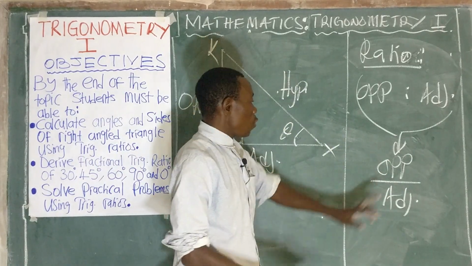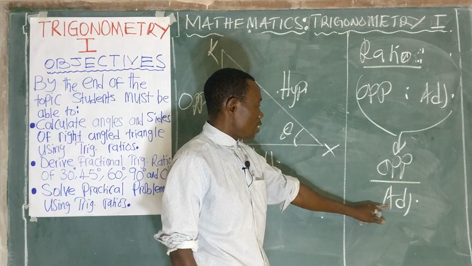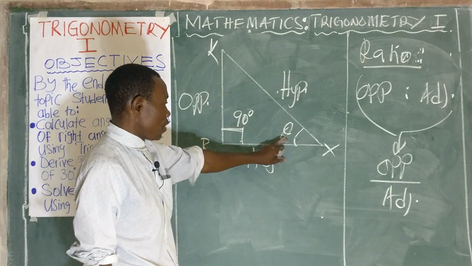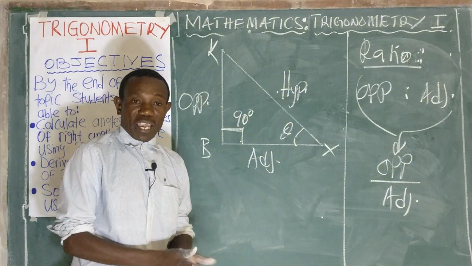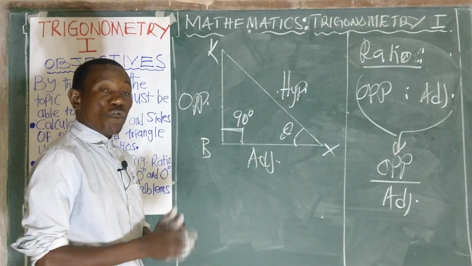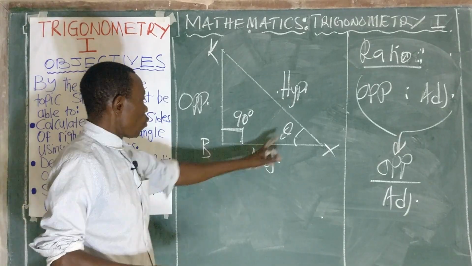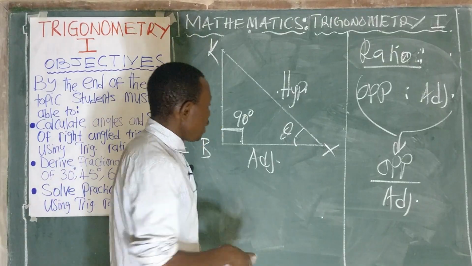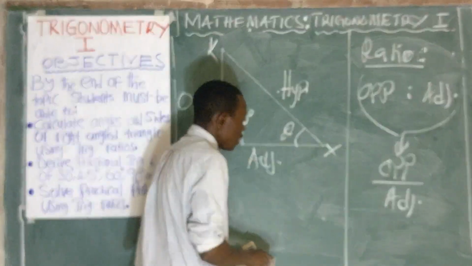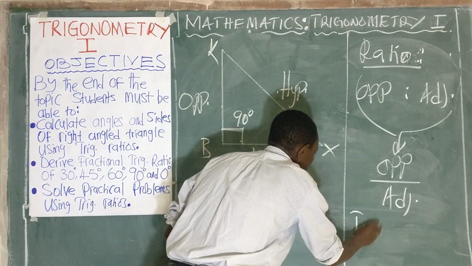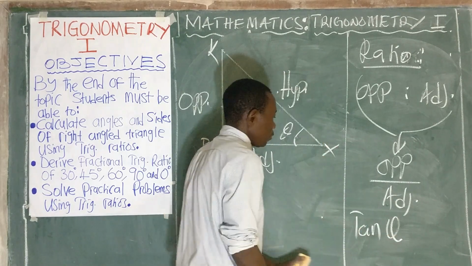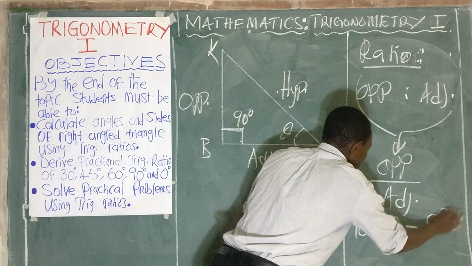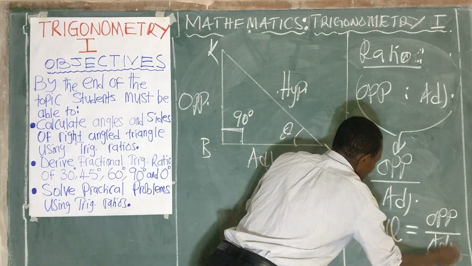Still more, that is opposite to adjacent side in relation to angle theta. That ratio is defined as the tangent of angle what? Angle theta. And in this case, this one is written as tan theta is equal to opposite over adjacent.